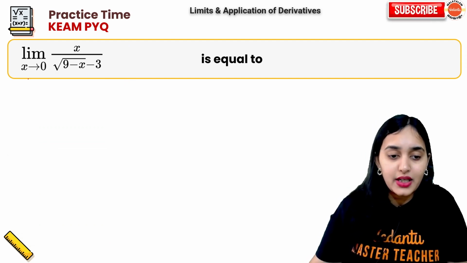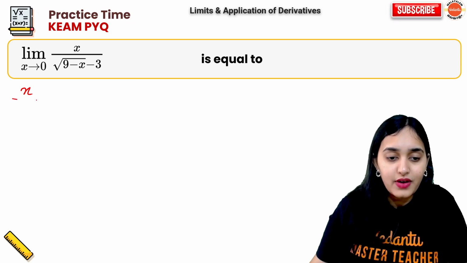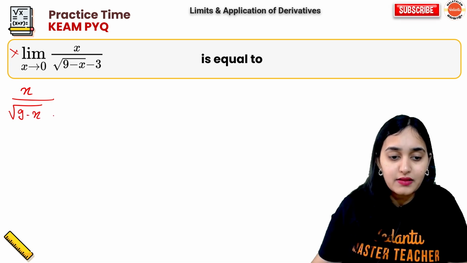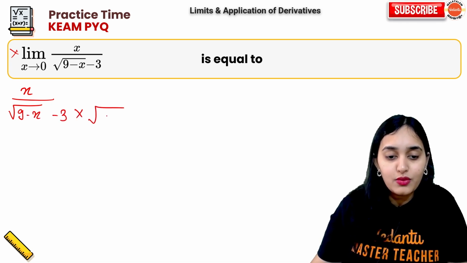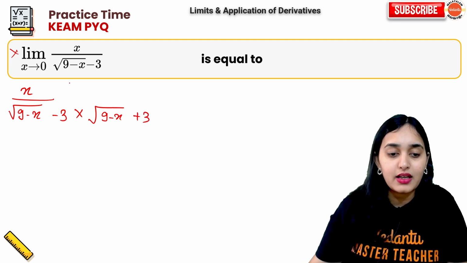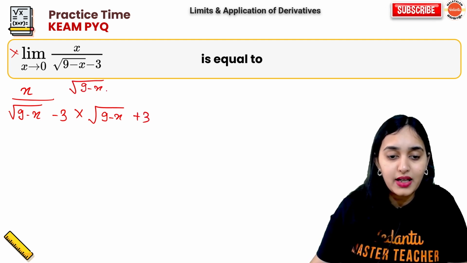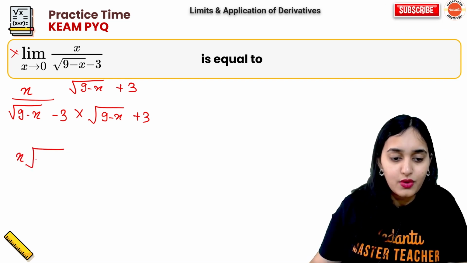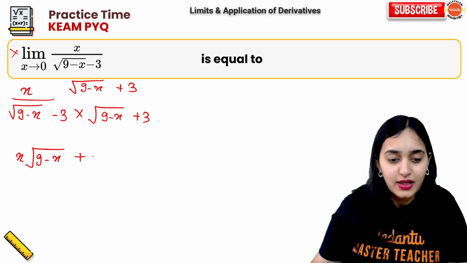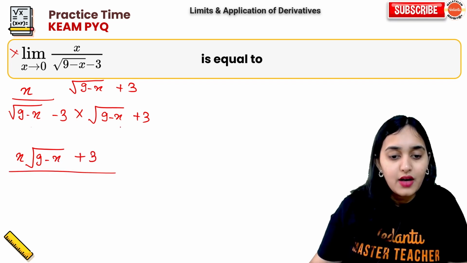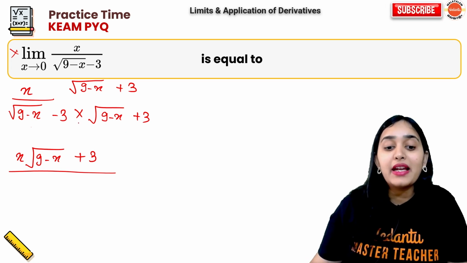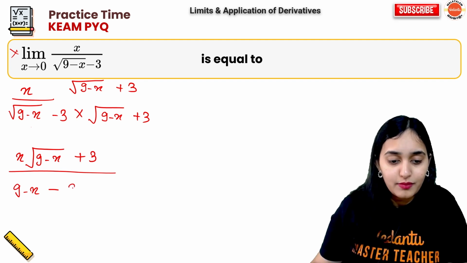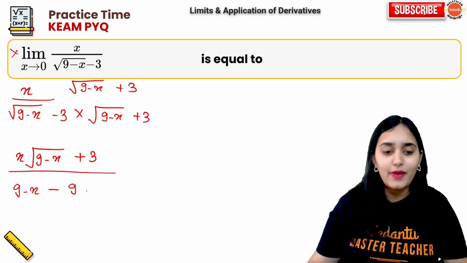So what we can do here is, first I am not writing the limit, I am just simplifying this first, okay. x upon root over 9 minus x minus 3, multiplied by root over 9 minus x plus 3, similarly multiplied by root over 9 minus x plus 3 in the denominator. Let's see what will happen. So we get x into root over 9 minus x plus 3 upon, when we multiply this, what do we get? a minus b into a plus b, a square minus b square. So 3 square is 9.